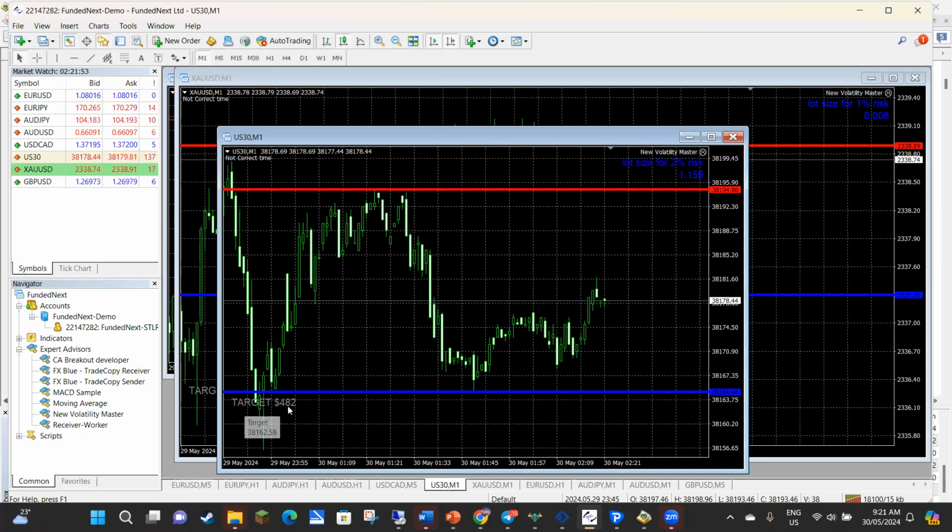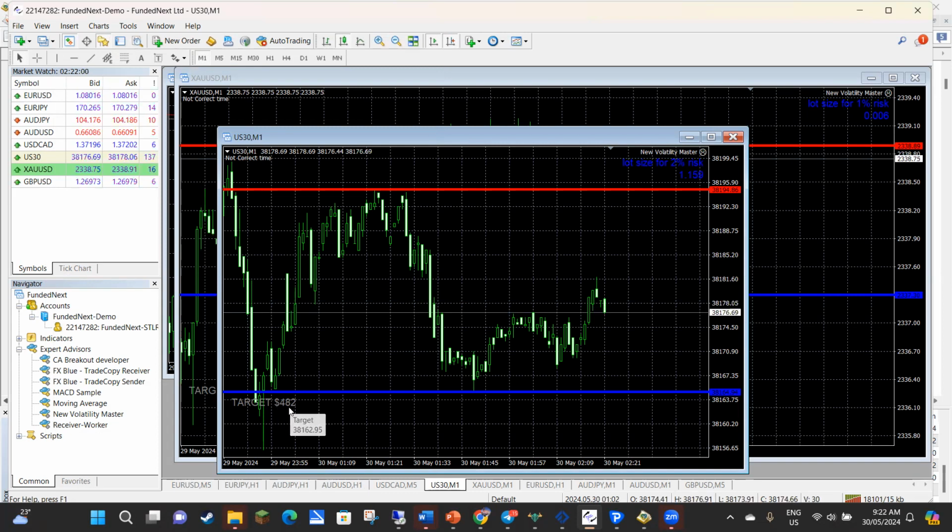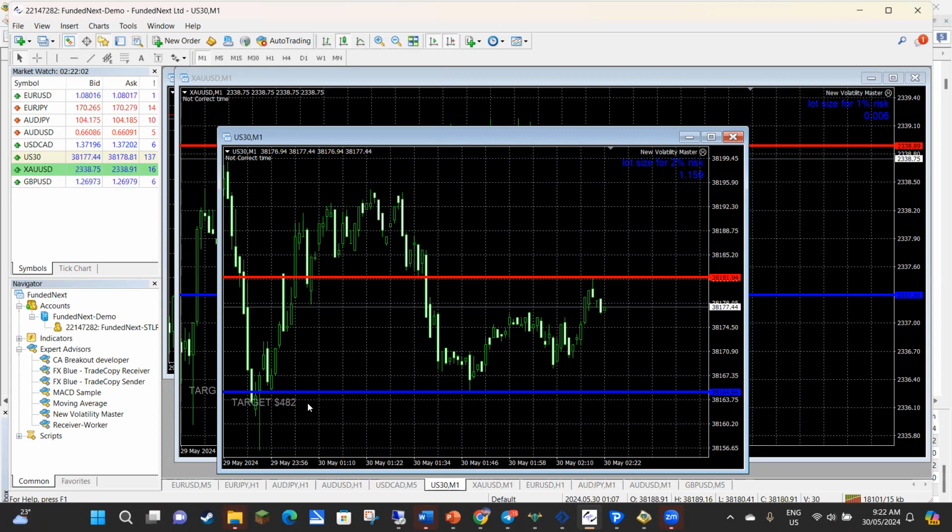It's displaying the target. So this is my daily profit goal. I want to make $482 because that was just over 8%. Once you have a trade open, you'll see this figure fluctuate depending on whether the trade's going into profit or loss. But essentially, during the course of the day, you'll see this figure count down.